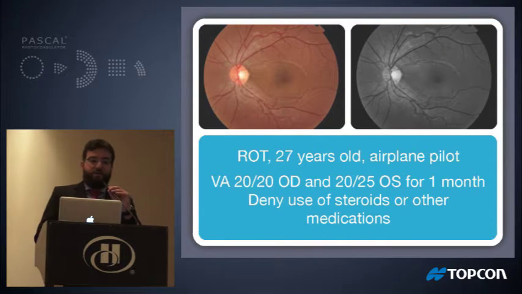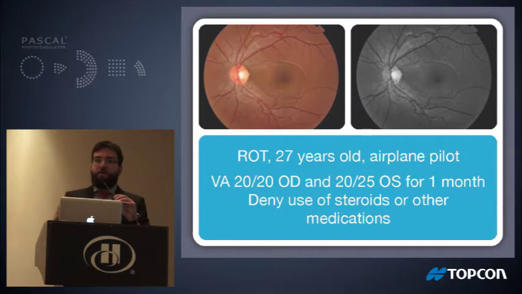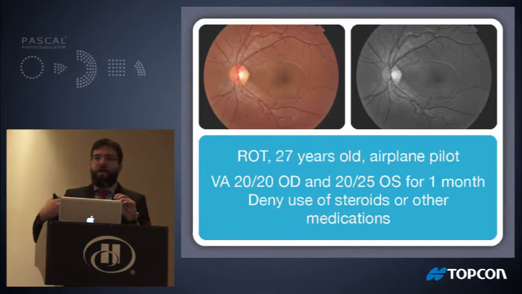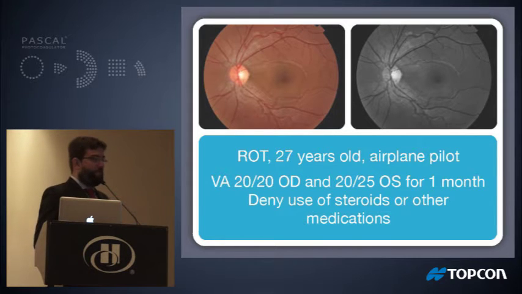This is a different case. This is a 27-year-old military airline pilot. He has 20/20 vision in one eye, 20/25 in the other eye, but he was very nervous because every year he has examinations to get 20/20. If he's 20/25, he will not be able to fly anymore. And he was very nervous, and that's why he had central serous retinopathy.